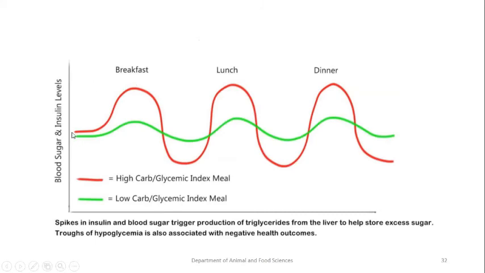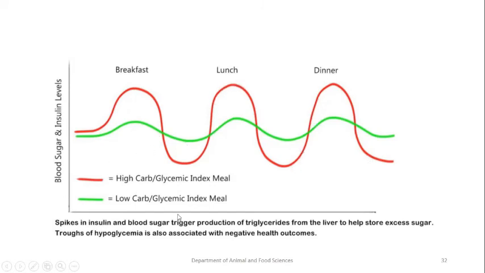So when we consume the high glycemic index meal, we have to work hard to regulate the blood glucose level. It means we have to produce a lot of insulin, and we have to convert the glucose into glycogen, and sometimes the glucose into fat, and we have to regulate. Our body needs to work hard.